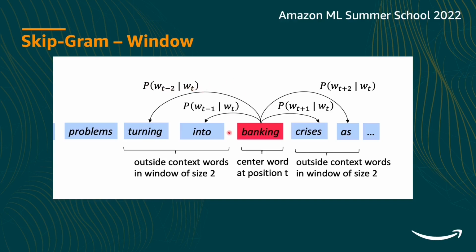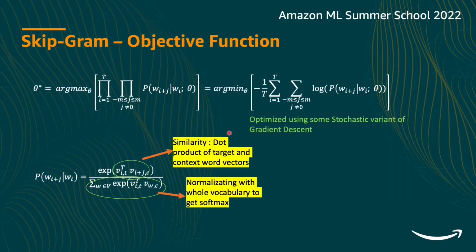So let's look at our loss function next. Here T is the number of words in our corpus. We take each word in our corpus as the target and define a context window of length m around it. Then we maximize the product of probabilities of all the context words given the target word.